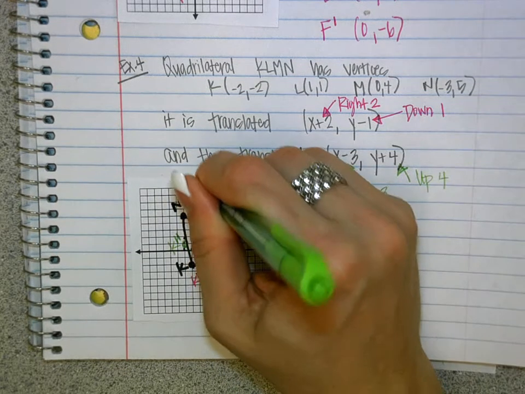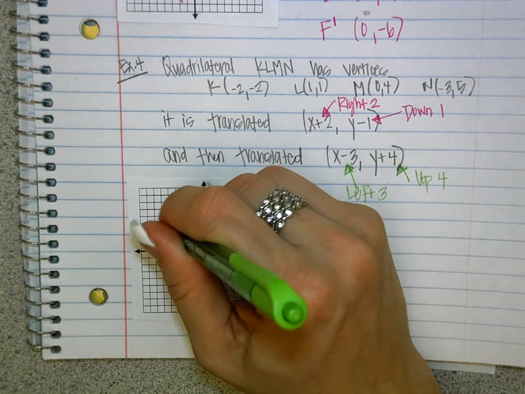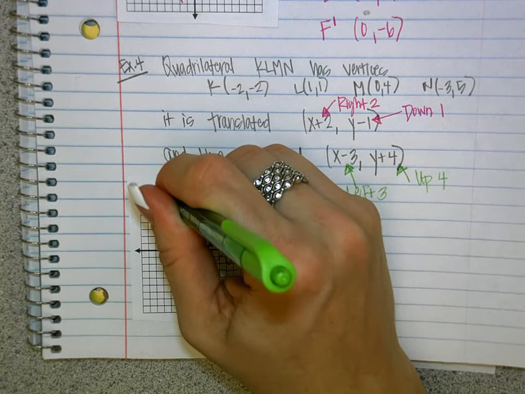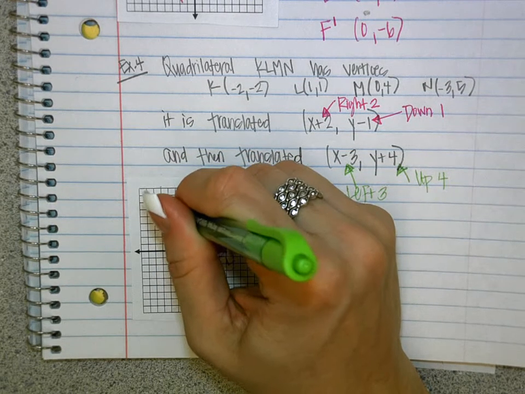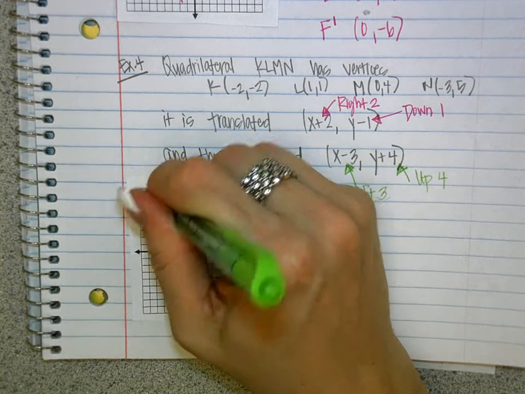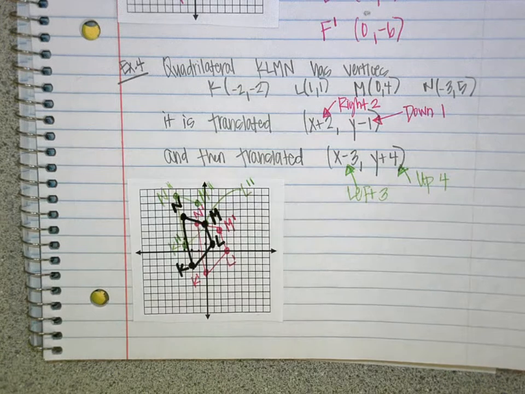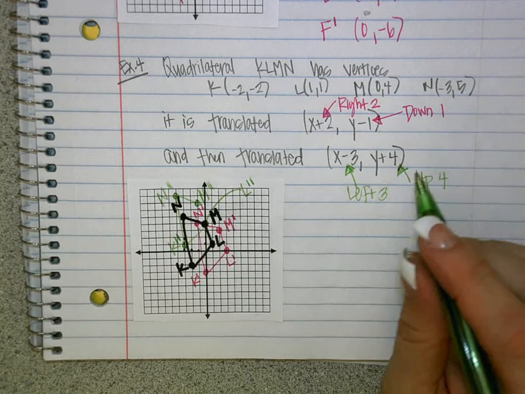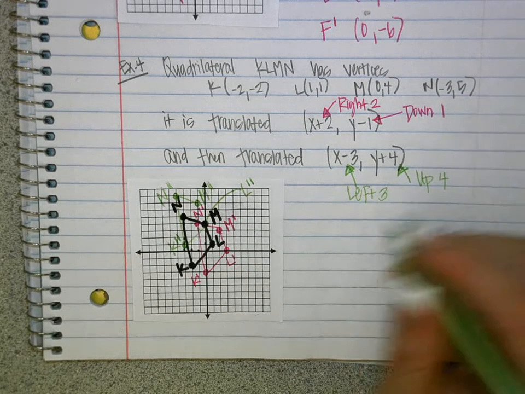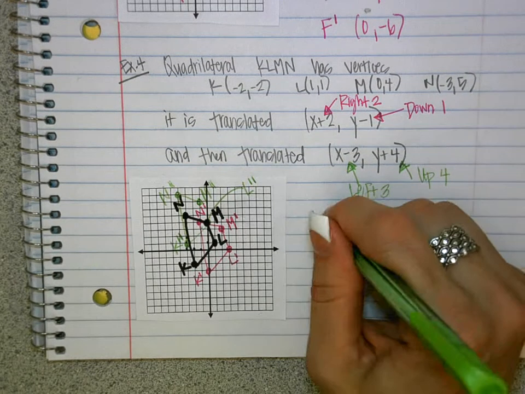That's your double prime, and then same thing for N: left 3 and up 4. There's so much movement on here that it's a little difficult to figure out your new locations, but you do need to label these. So this is K double prime.